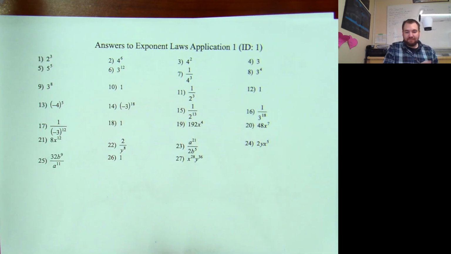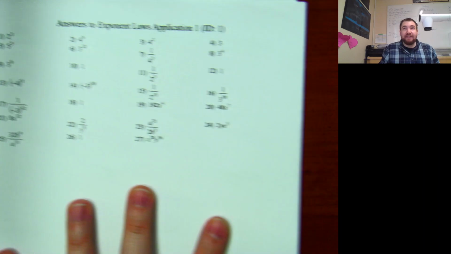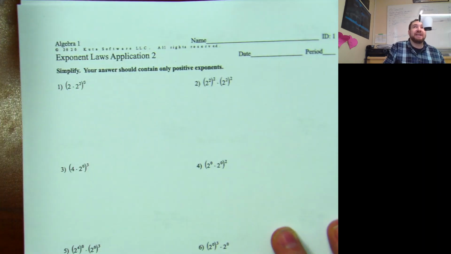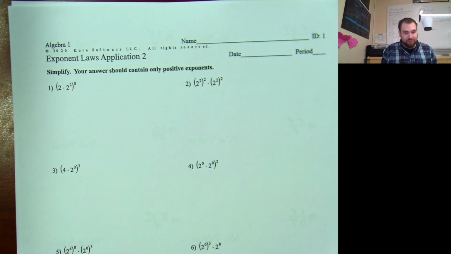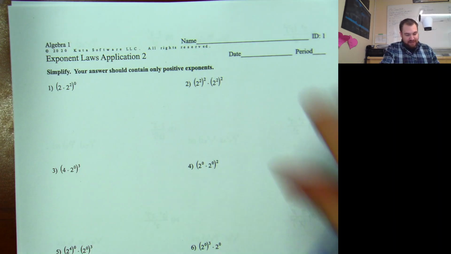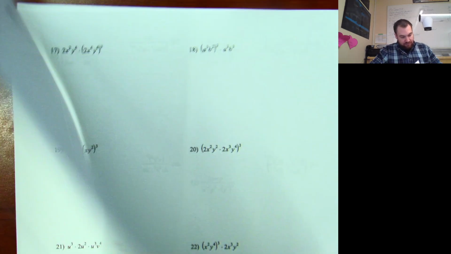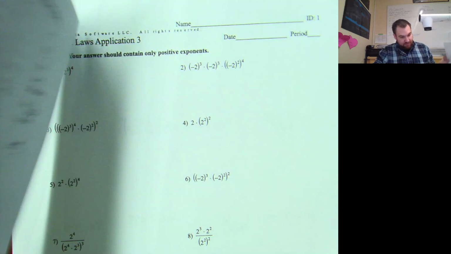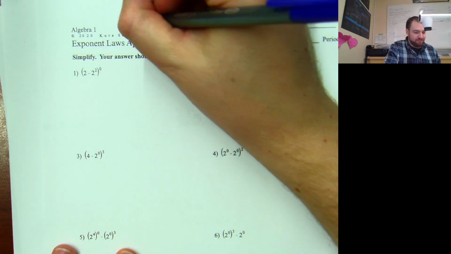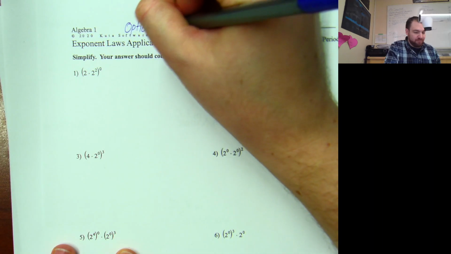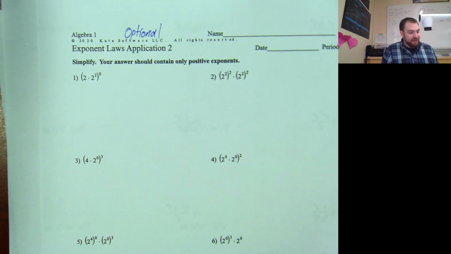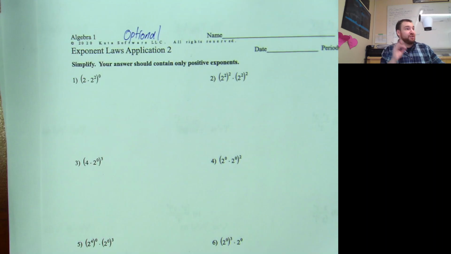Odds for everything? Up to here. Okay. And then you'll slide over and you're going to see this page here. It says Exponent Laws Application 2. This one is going to be optional. Okay? So this Exponent Laws Application 2 section is optional.